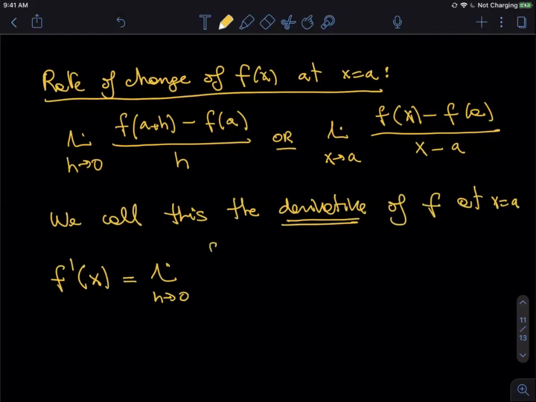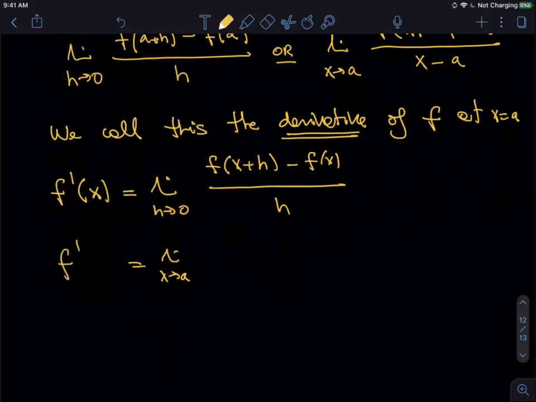Okay, the derivative function is going to be the limit of f of x plus h minus f of x divided by h, or with the other limit when x tends to a. In this case, we will write f prime of a would be f of x minus f of a divided by x minus a.